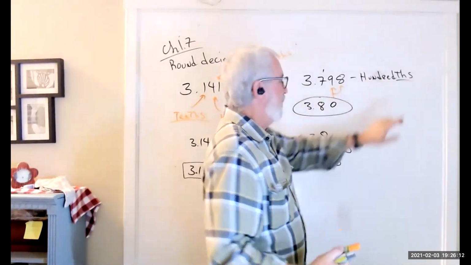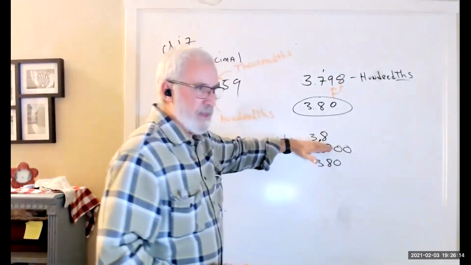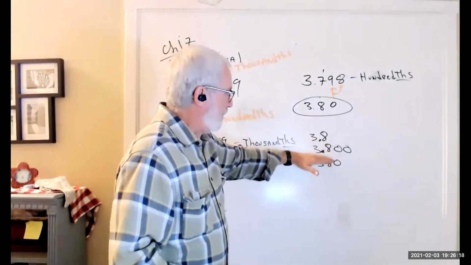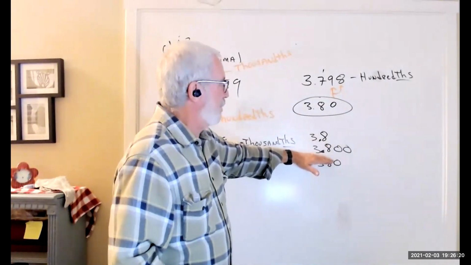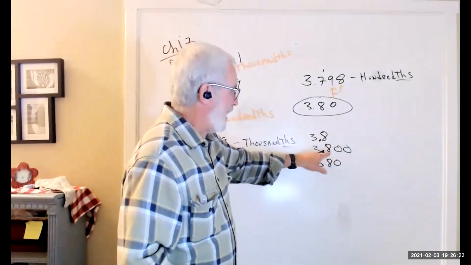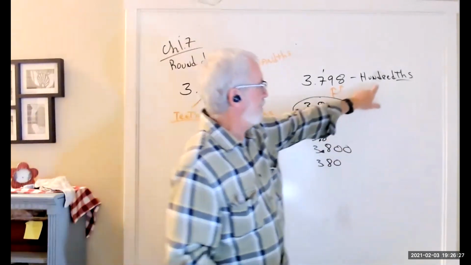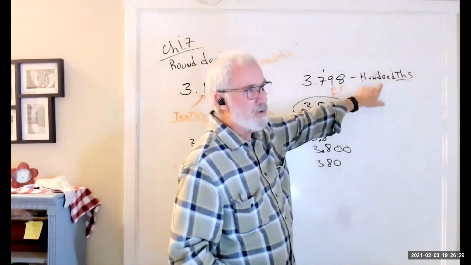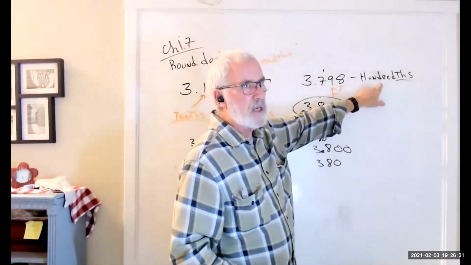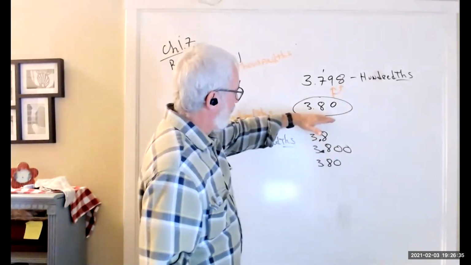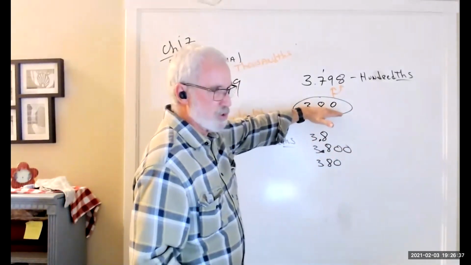If you dropped it, 3.8 would be in tenths. If you kept the extra zeros there, that would be in thousandths. That would be 800 thousandths because of that extra 0. Because if it says round to the hundredths, then your answer can only be hundredths. So the only correct answer is 3.80.